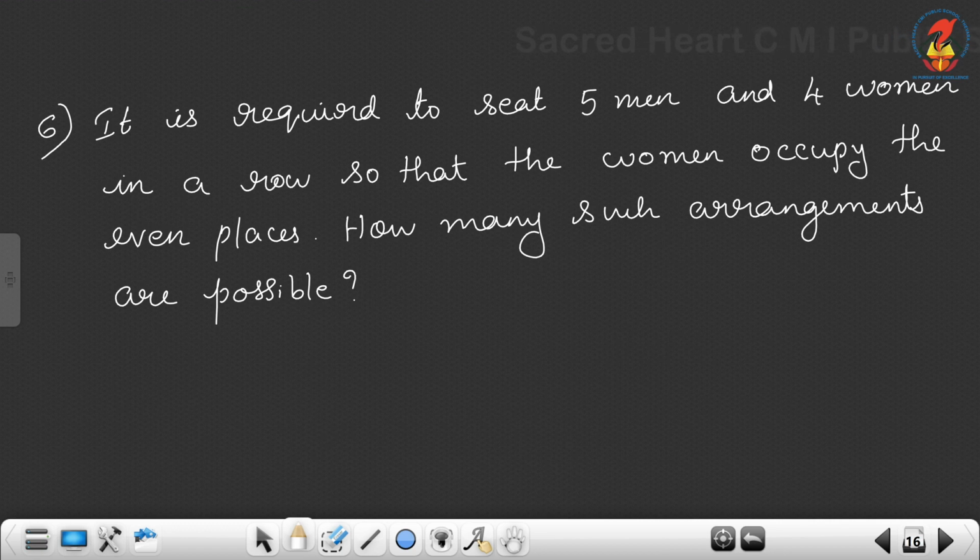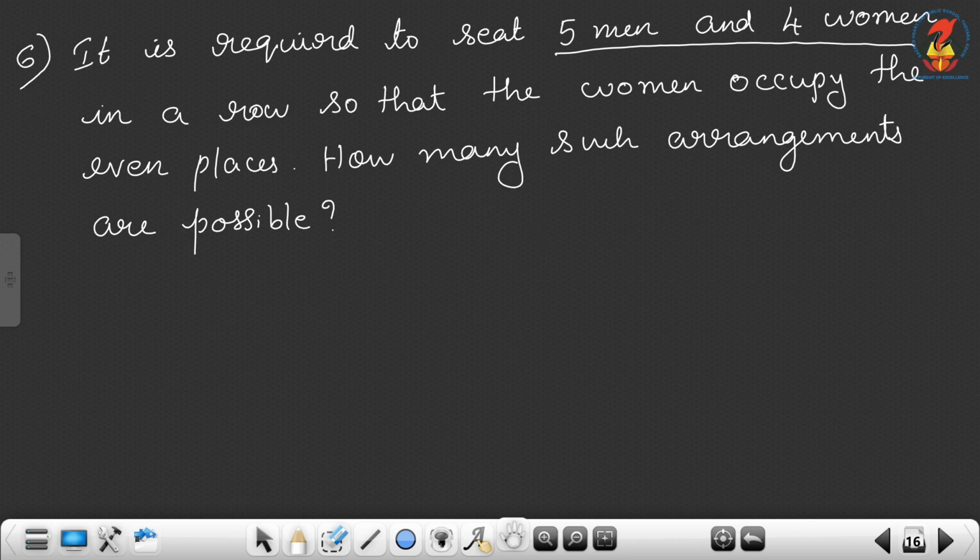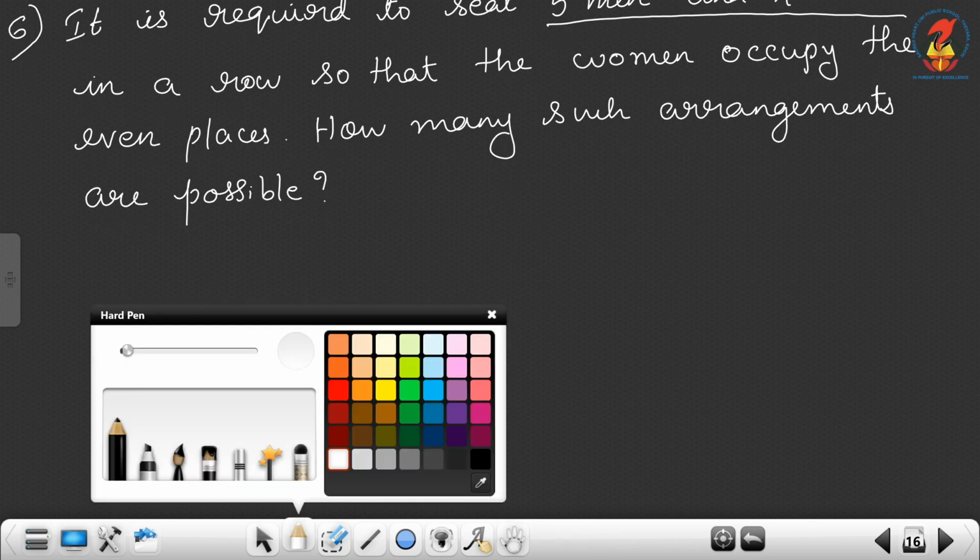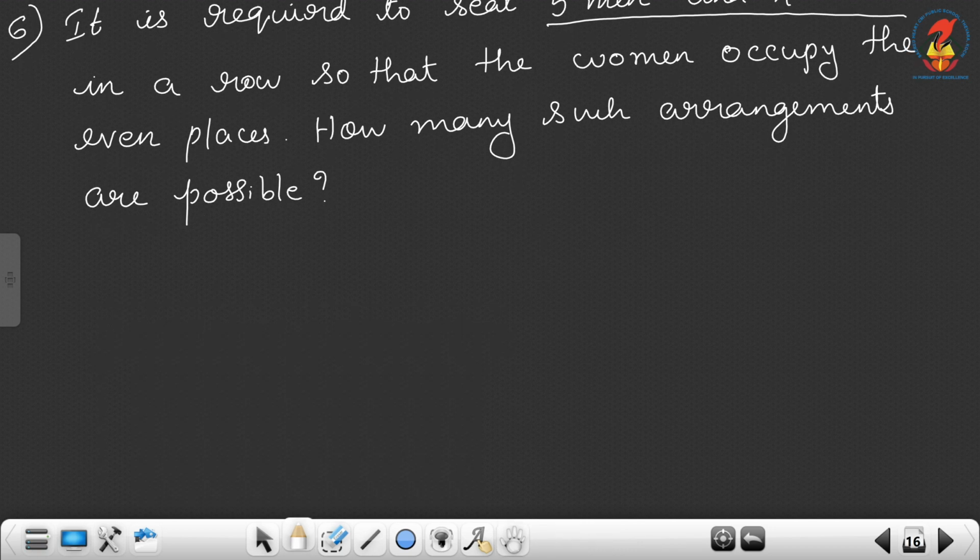Next one. It is required to seat 5 men and 4 women in a row so that the women occupy the even places. How many such arrangements are possible? So total there are 5 men and 4 women, means 9 are the total, and women occupy only in the even places.